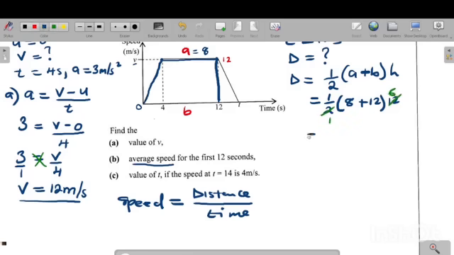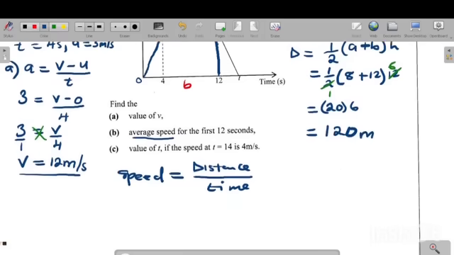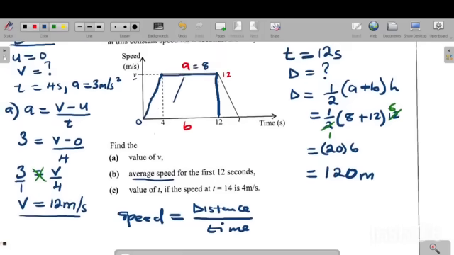All right, so you are going to have 8 plus 12 is 20. Then 20 times 6, which gives 120. So you have 120 meters. So the total distance here is 120.